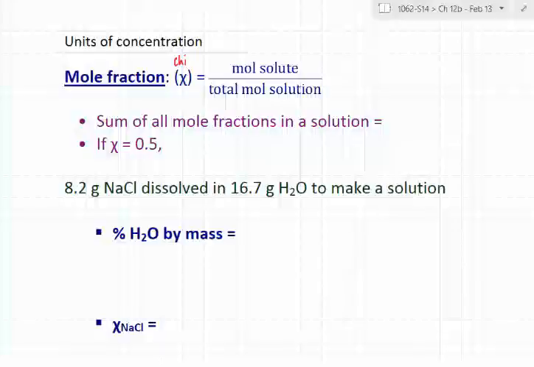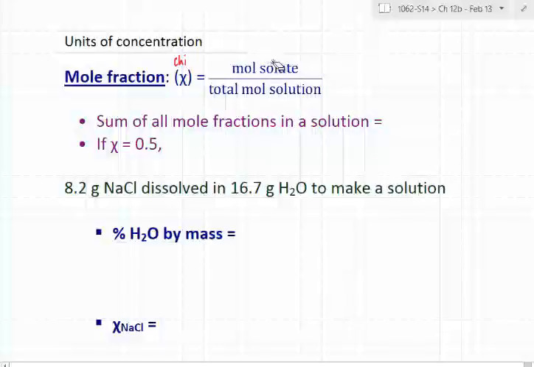Okay? Just based on that formula there, if we have several different things that are in a solution, all of those mole fractions should add up to what? Look how that works. If we got nothing, that's a mole fraction of 0, right? Because if we had 0 solute in a solution, that's a mole fraction of 0.